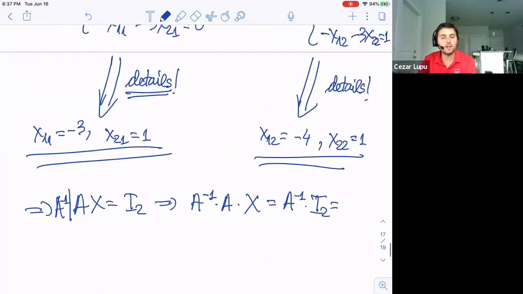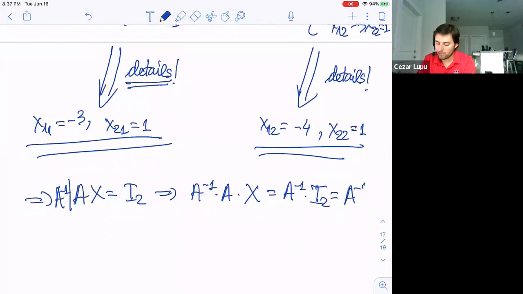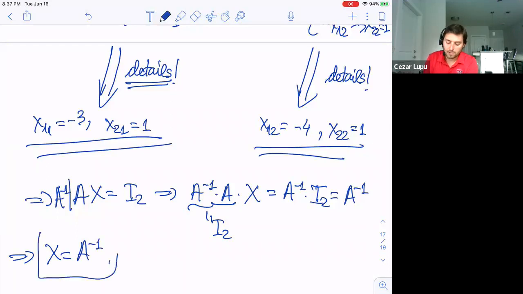But A inverse times the identity, we know that it's A inverse. So any matrix multiplied by the identity will give you the matrix. And A inverse times A is nothing else than the identity. So this implies that X equals A inverse. So that's the solution. You see?